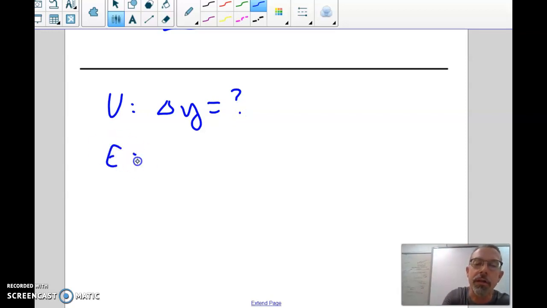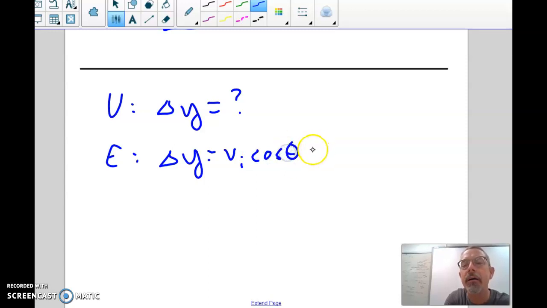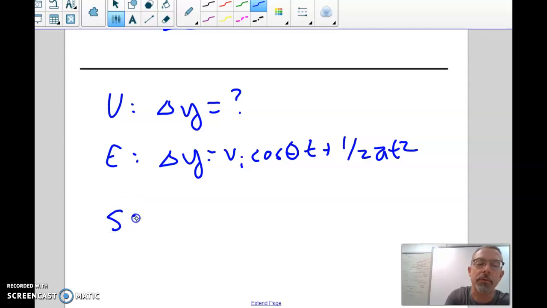So our equation is delta y equals V-initial sine theta t plus 1/2 a t squared. We're going to substitute in what we know. We can use that 18.1 meters per second because that's now a given.